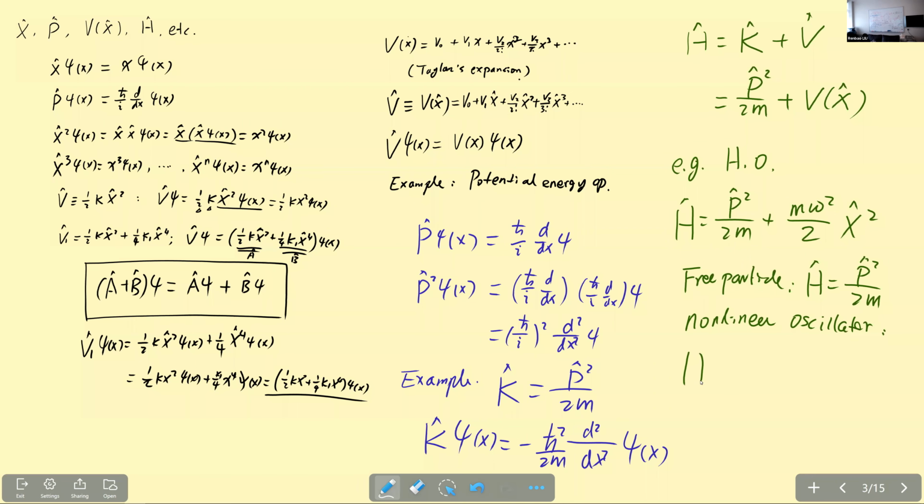Right, you can have H equal to, for example, p squared over 2m. That's the kinetic energy. You have a potential energy, but this potential is nonlinear, so you have the usual one, m omega squared x squared. This is just a harmonic oscillator. But now you can have higher order terms, 1 over 4, say you can have k prime, just a constant, times x to the 4th power.